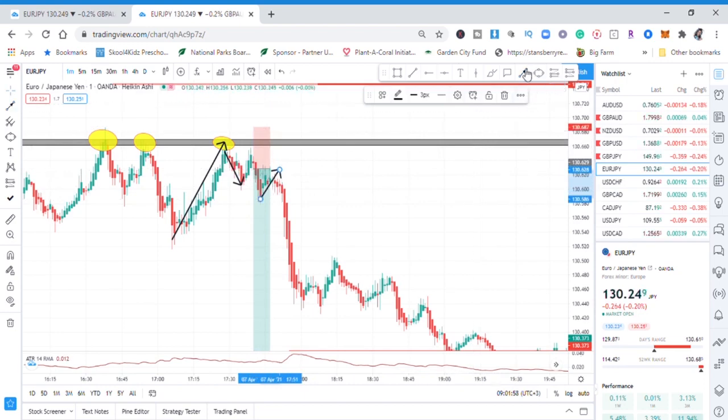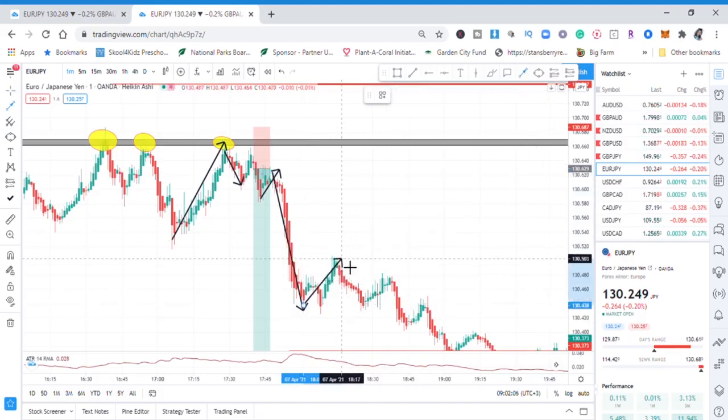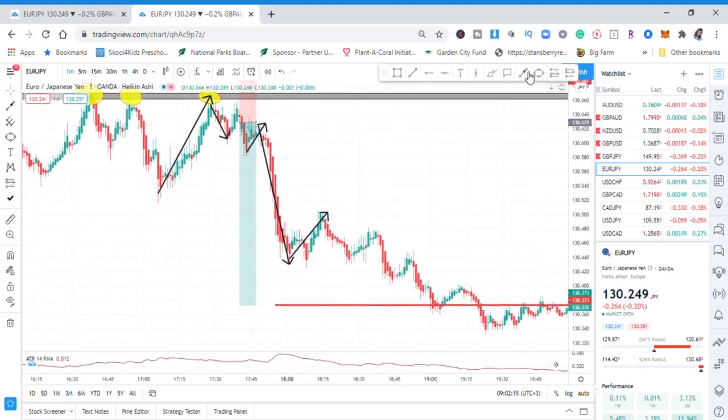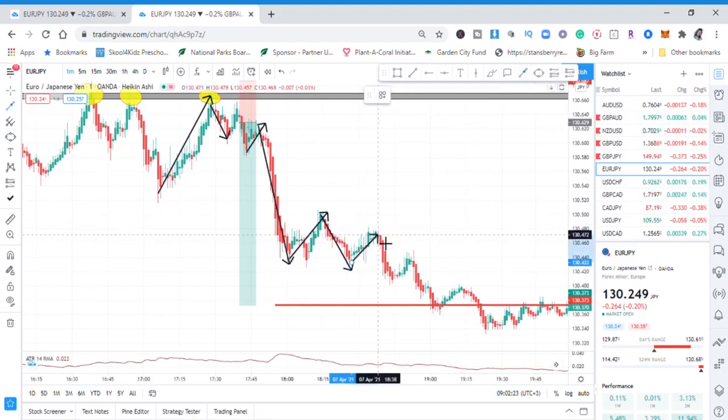So the buyer tried to push the market, but what did the seller do? The sellers continued creating low lows. And when the sellers are creating low lows, it means that the buyers have been defeated. So the buyers are trying to come into the market. They are creating low highs, and that is why our confidence is coming, because this is price action. The buyers have been defeated.